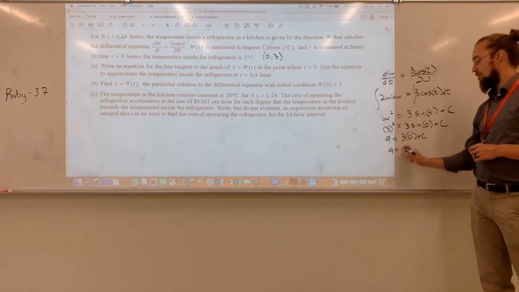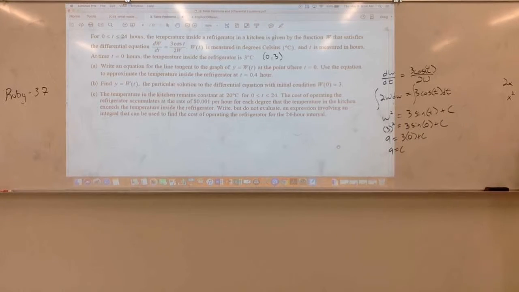So we just get that C is equal to 9. So, solving this then, we get W squared equals 3 sine of t plus 9. To solve, we would just take the square root, right? And get W equals the square root of 3 sine of t plus 9.